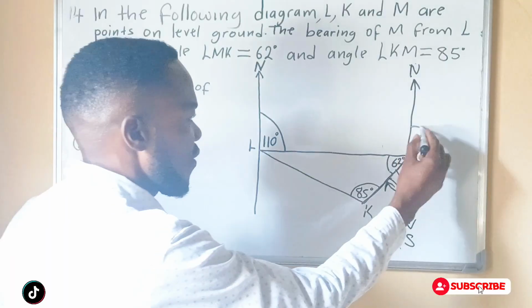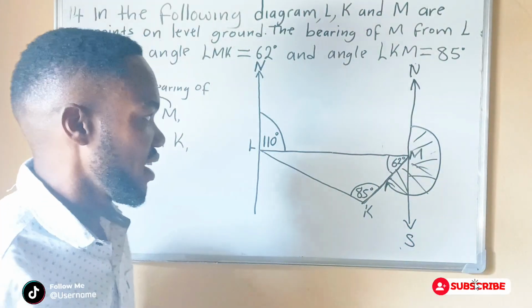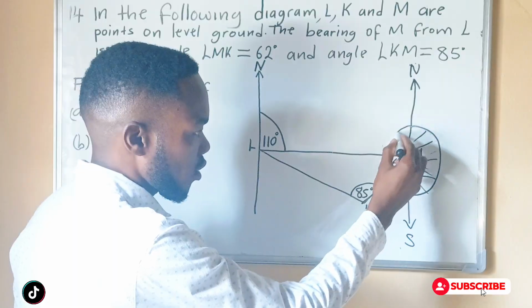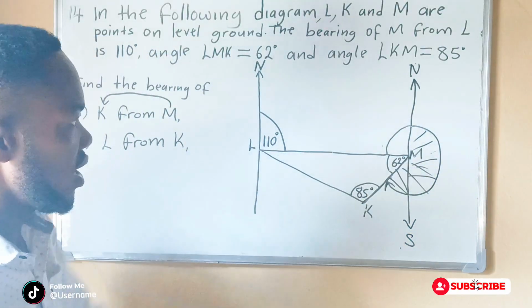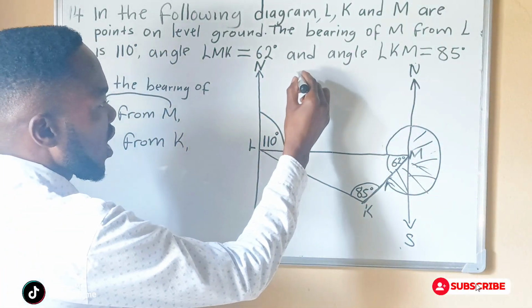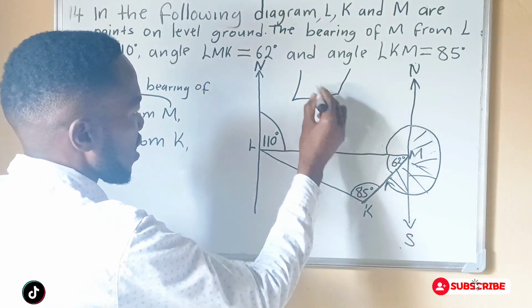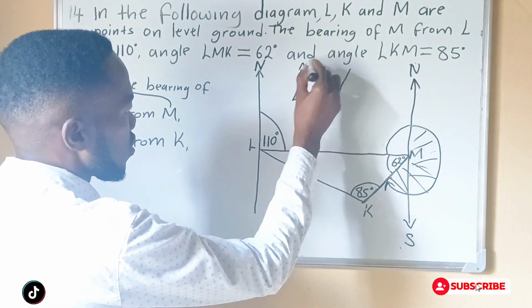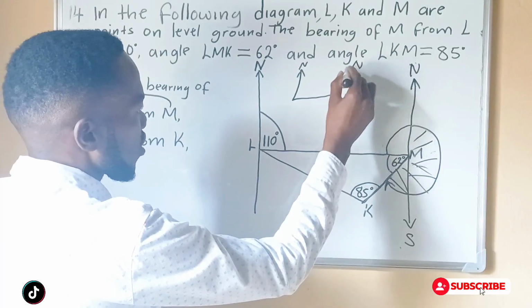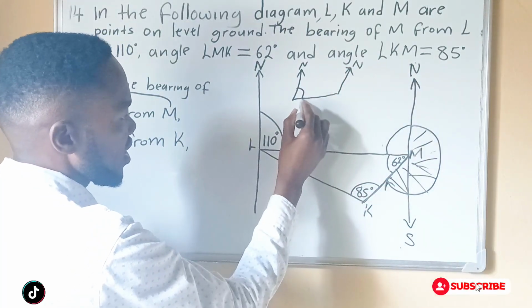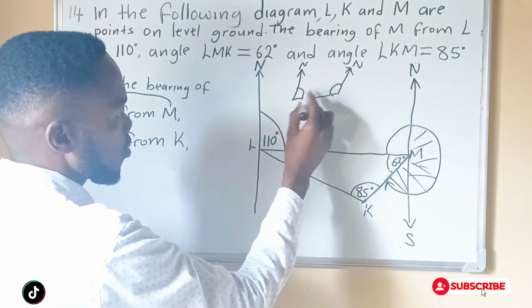We know that a full circle adds up to 360. Here they have already given you the angle which is inside, so we have to find the angle which is here. According to alternating angles, where you can see there's N, the angle which is here and the angle which is here add up to 180.